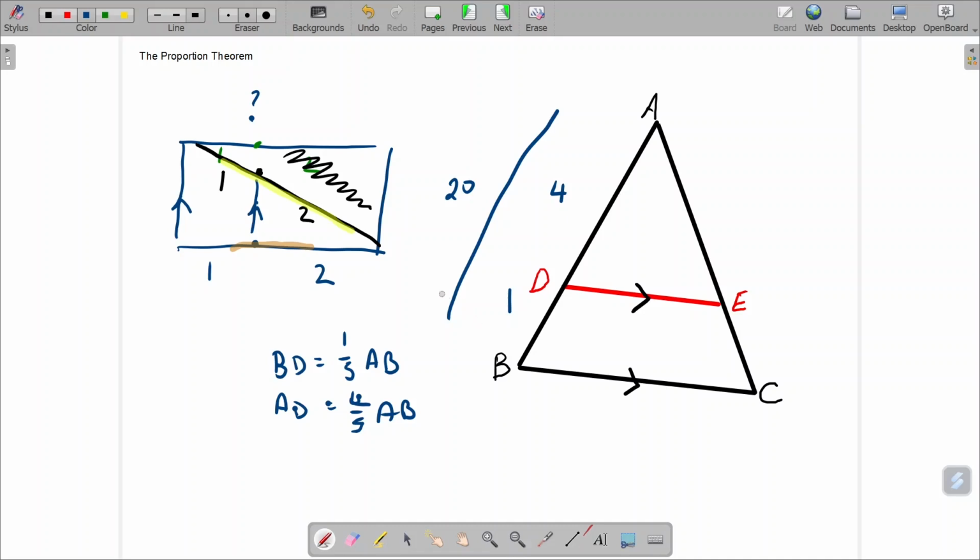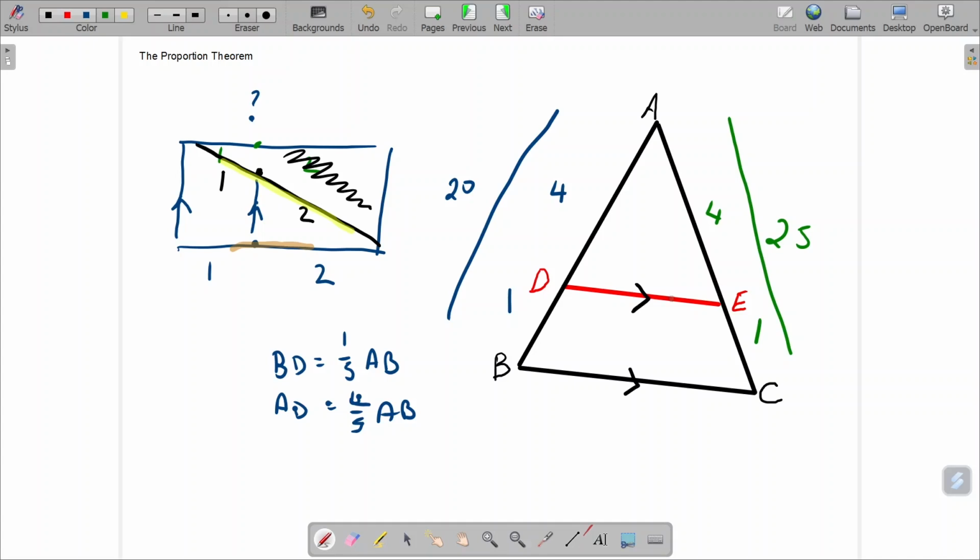Yes, I know that we could calculate that. That means that the pieces are 4 and 16, but that is not important right now. What I'd like to say is we can therefore conclude that because this is in the proportion of 1:4, and this pair of lines is parallel, I would expect that even if this line here was 25 long, I would end up with this break being in proportion of 1:4.